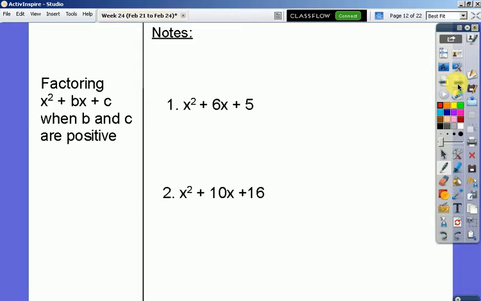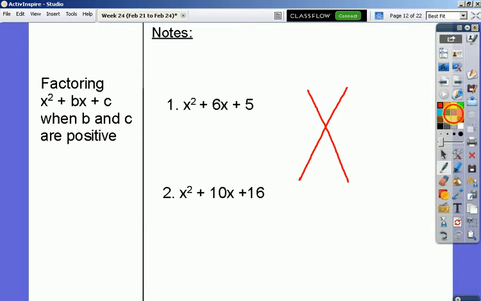So write the first one down and then draw your little X. So the question that we ask ourselves is, what two numbers multiply to be 5 and add to be 6?